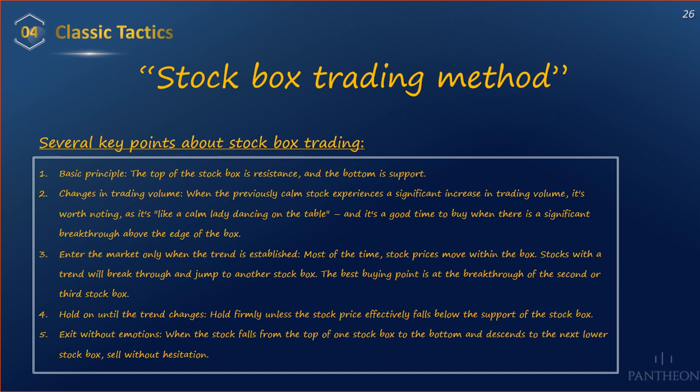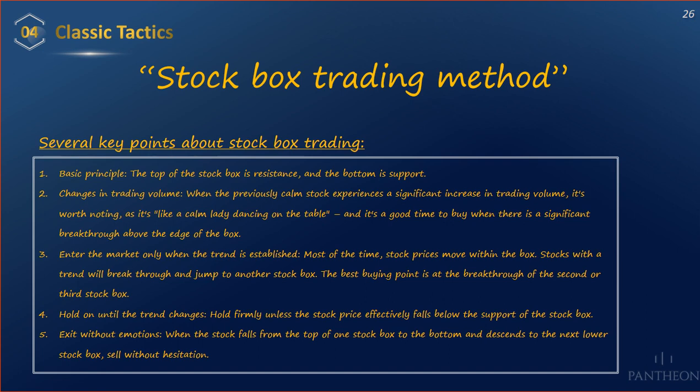Okay, for number 2, changes in trading volume. When a previously calm stock experiences a significant increase in trading volume, it's worth noting, like a calm lady dancing on the table, and it's a good time to buy when there's a significant breakthrough above the edge of the box.